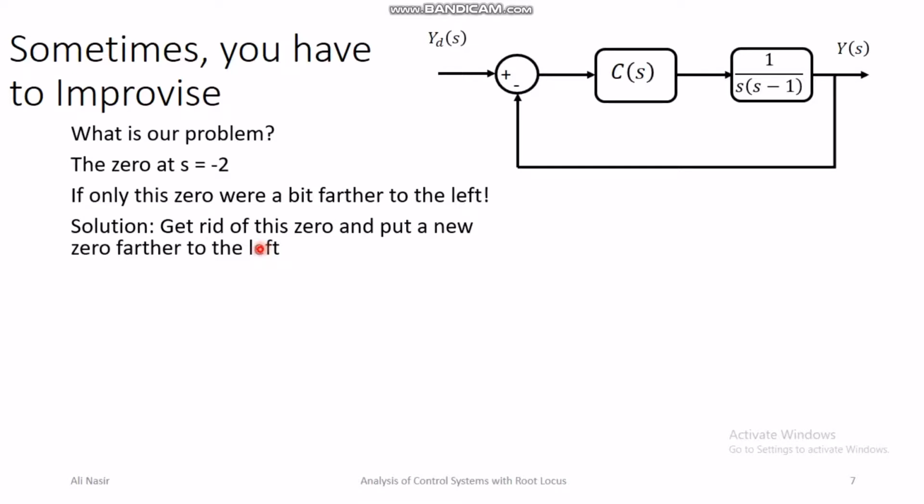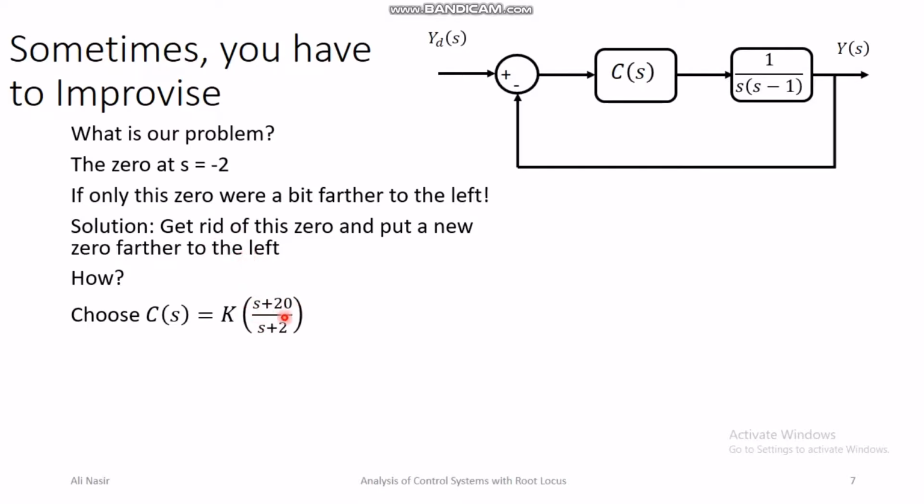Luckily this zero is in the open left half plane, so we can get rid of this zero and put a new zero farther to the left using the controller. And how can we do that? Simply by pole zero cancellation. We will put a pole at s equal -2 using this controller. So this is a phase lag controller where we have a pole at -2 and a zero that we put farther away to the left.